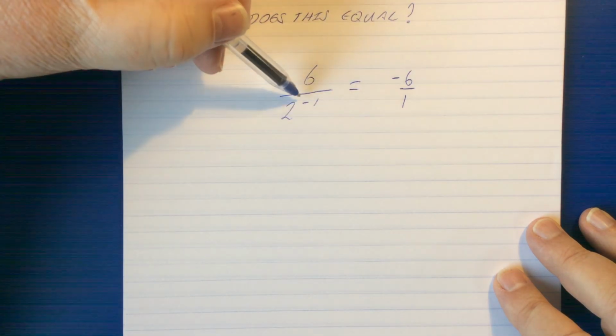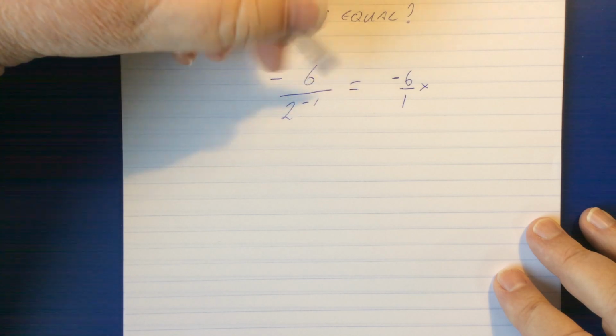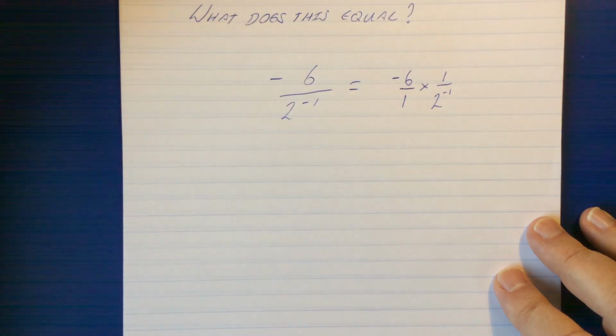So we've got negative 6, and I'm going to call that negative 6 over 1. Essentially what I'm doing is breaking this up into two component fractions, so we can have a look at what's going on.